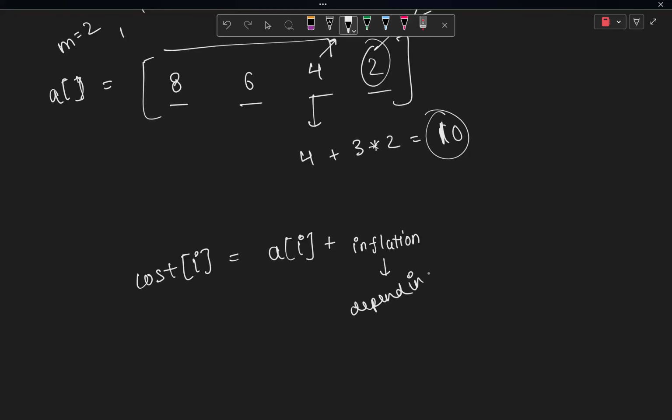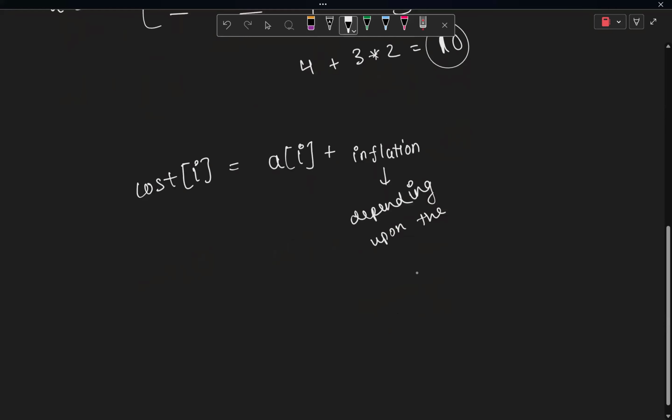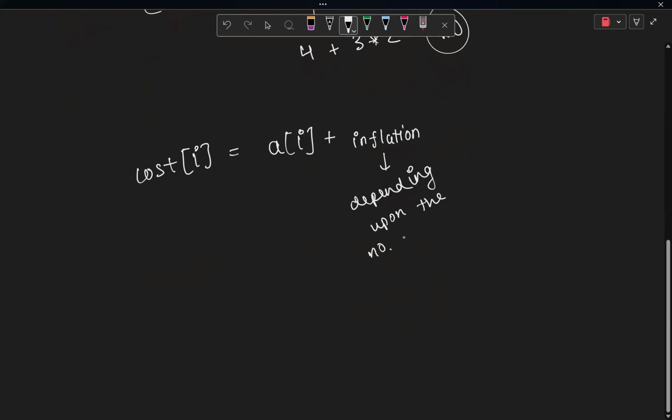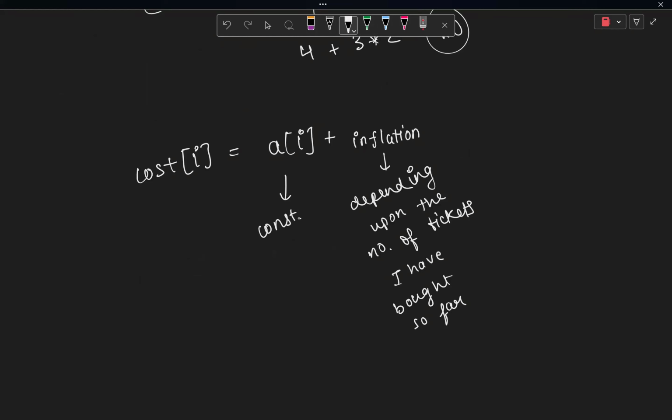Depending upon the number of tickets I have bought so far. Right. And this AI does not depend upon anything. This is constant. It has been given to me in the problem once and it will remain constant. It won't be changed.